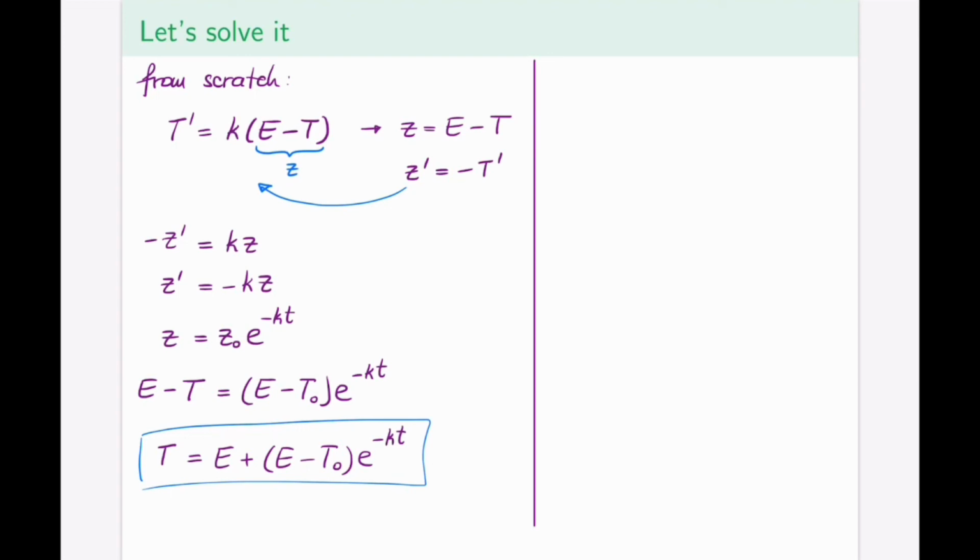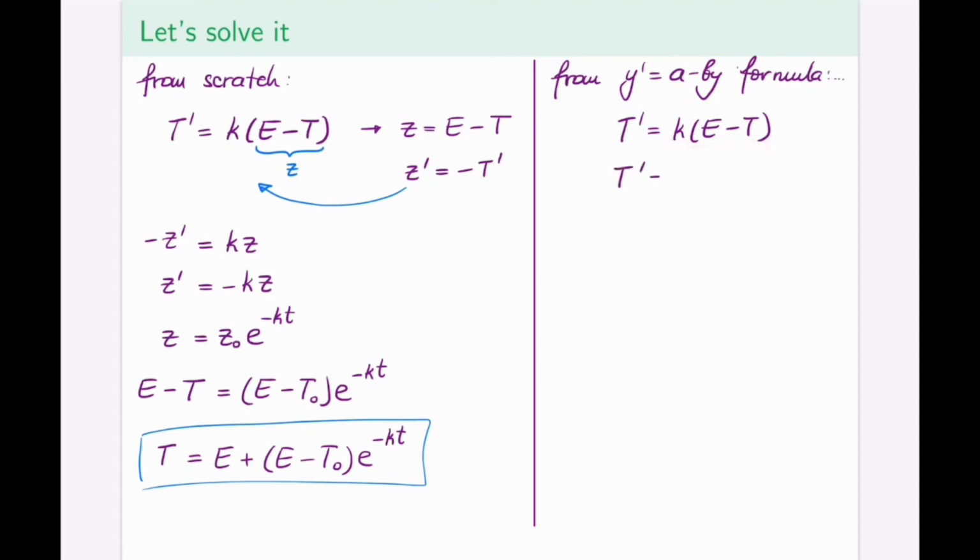We can massage this equation in the same way that we've done with the von Bertalanffy model to match what we already know. So from the formula, from y prime, let's be a little more precise. From this formula, what do we have? So my original equation is of this form, so let me rewrite that. T prime is equal to K(E - T), which doesn't quite match the A minus BY form, but in order for me to do that, all I have to do is simply open up the brackets here.